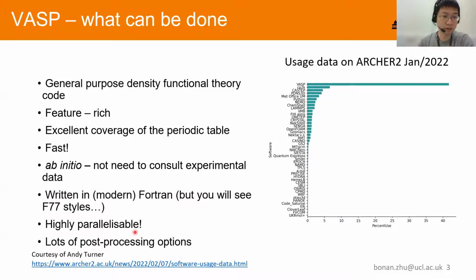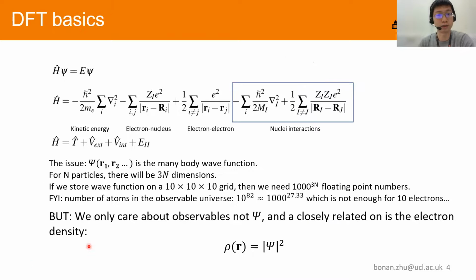It's written in Fortran, and if you look at the source code, there are some old-fashioned styles. A very good thing about it, very important for materials modeling from a computational perspective, is that it is highly parallelizable. And because it's widely used, there are a lot of pre-processing and post-processing options.